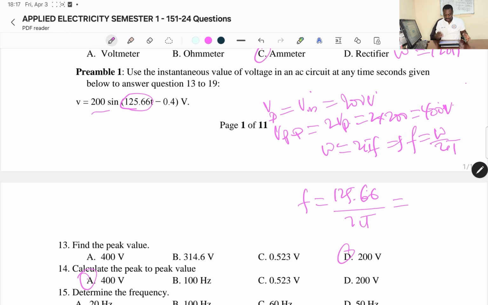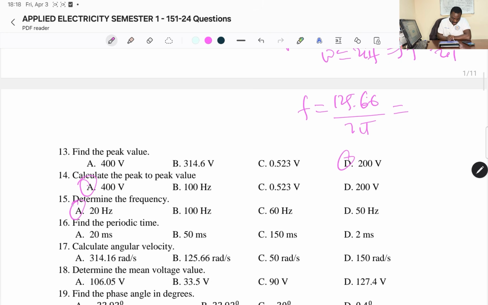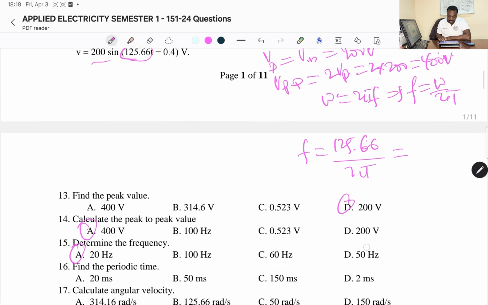So if we do this, what do we get? 125.66 divided by 2 times pi. So we get 19.99. So that is just 20 hertz. So the answer here is A, 20 hertz.